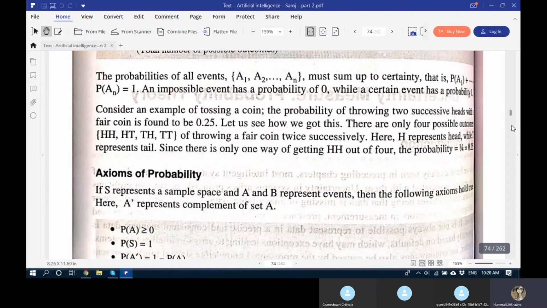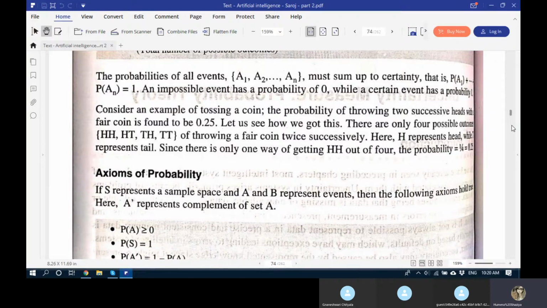The example given is tossing a coin. So when you toss coins, the probability of throwing two successive heads with a fair coin is found to be 0.25. How is it possible? Because the total number of possible outcomes are head head, head tail, tail head, and tail tail.